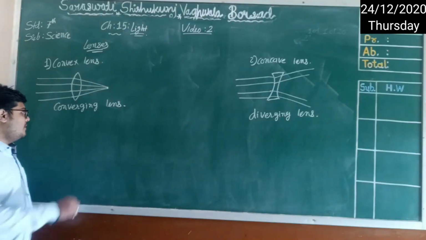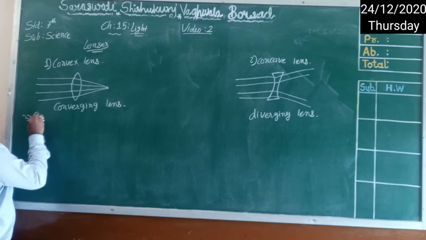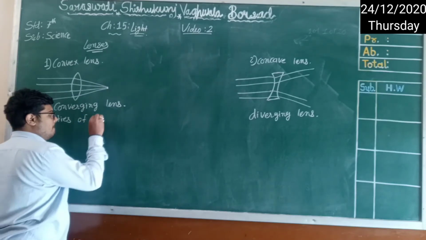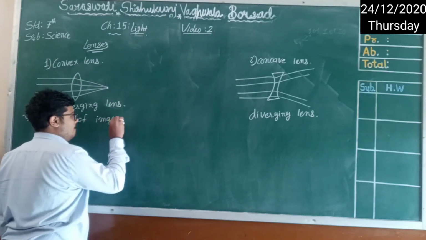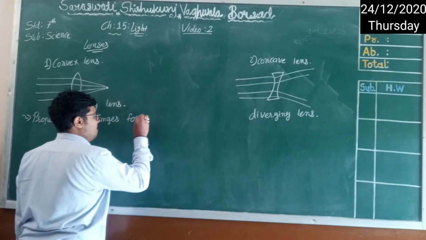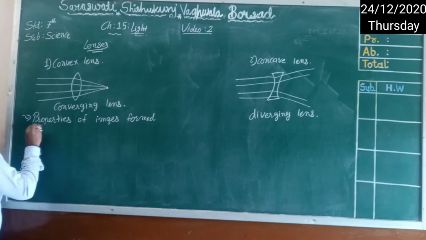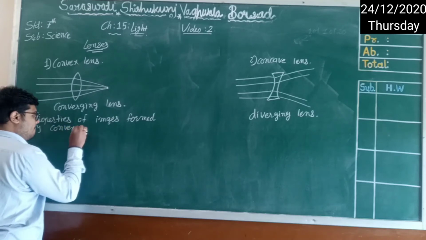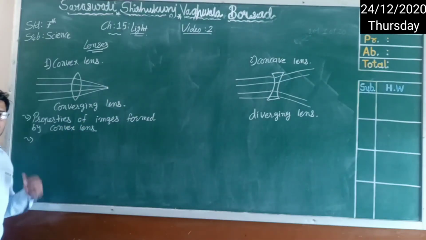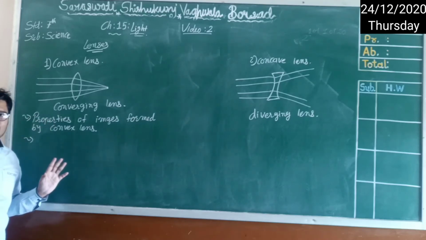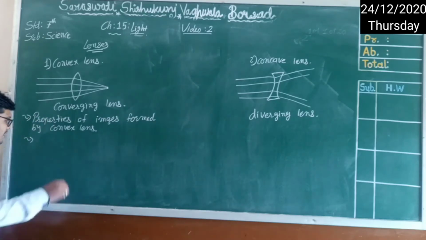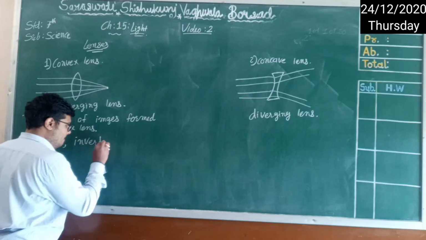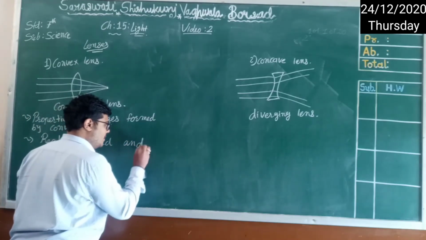So let's see the properties of images formed by these lenses. Now if we talk about the convex lens and the images formed by it, generally it is real, inverted and smaller than the object.